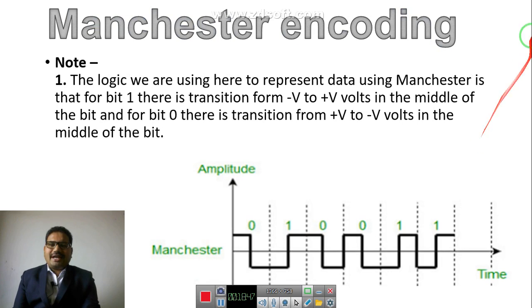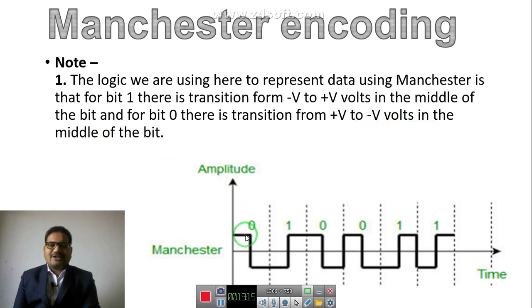The logic that we are using here to represent the data using Manchester is that for bit 1, there is a transition from what? Minus V volt to plus V volt, that is in the middle of the bit. Whereas for bit 0, there is a transition from plus V volt to minus V volt in the middle of the bit.